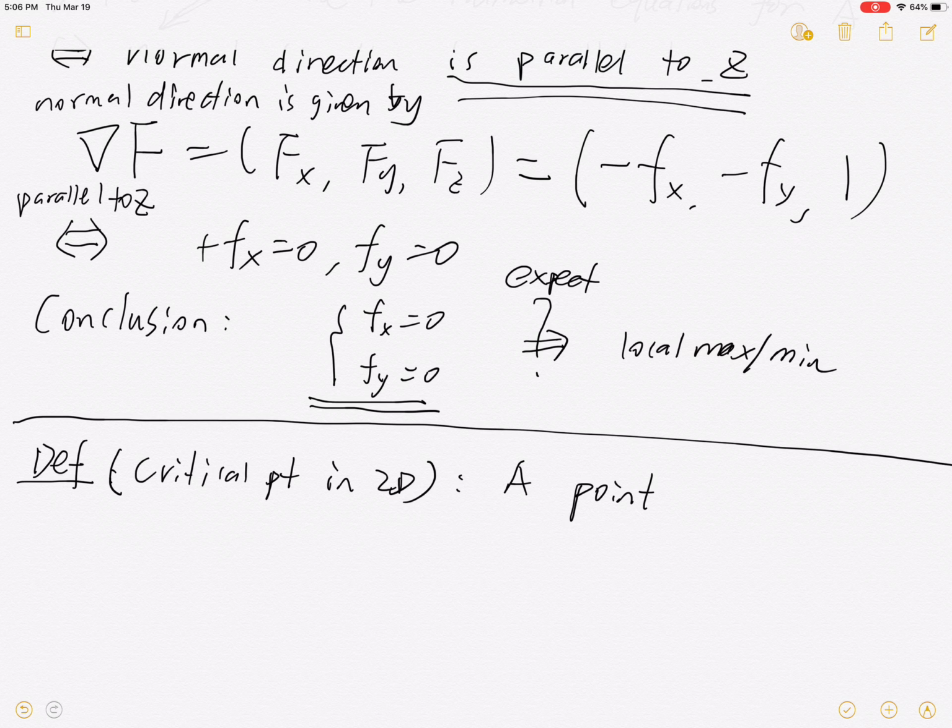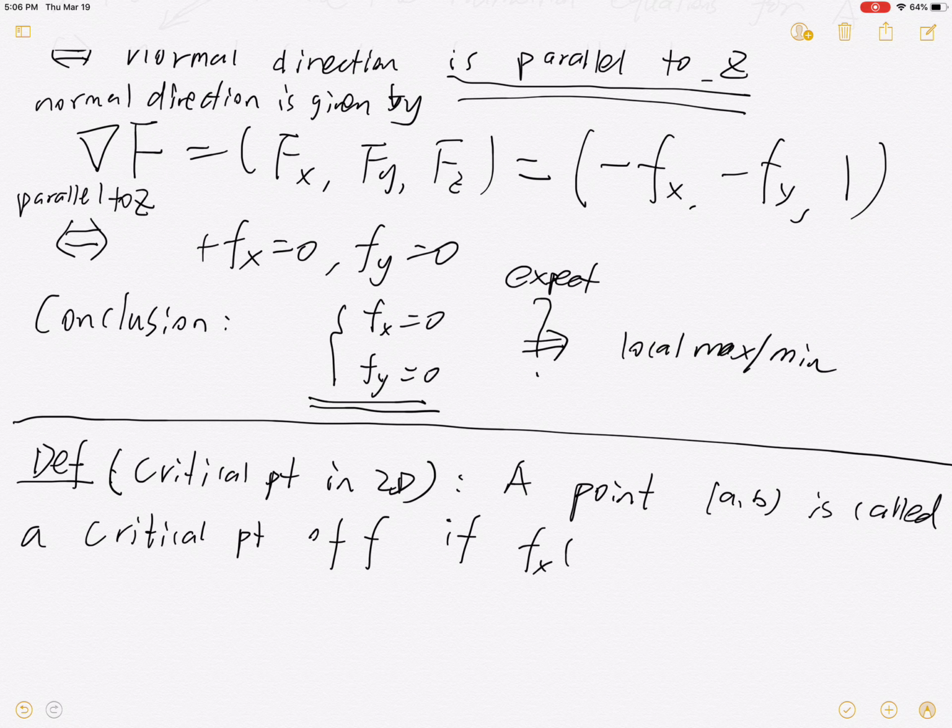No big difference. A point (a, b) is called a critical point of f if all the partial derivatives vanish.